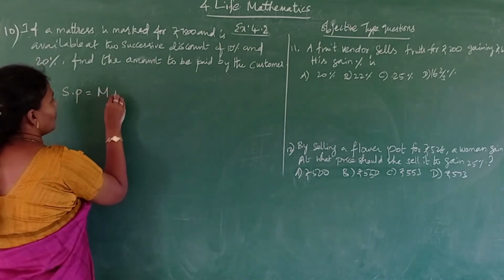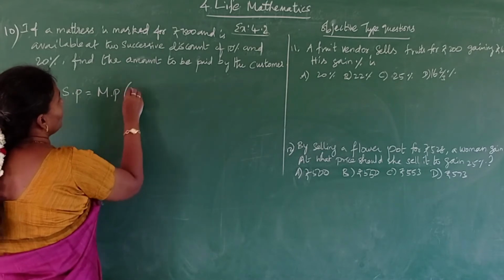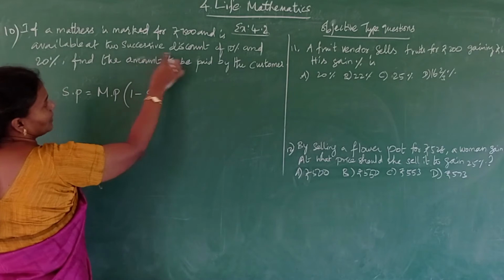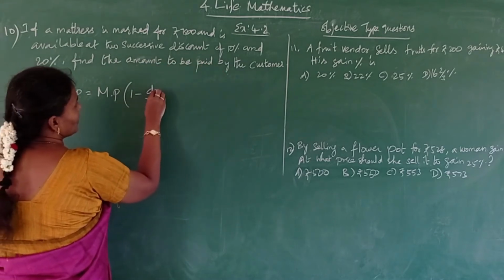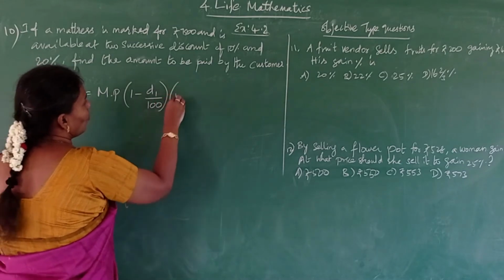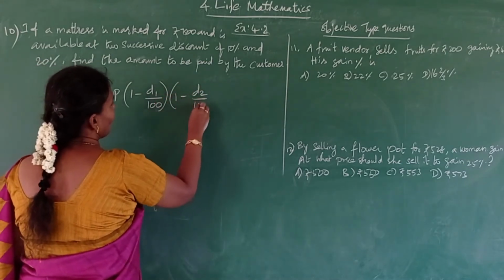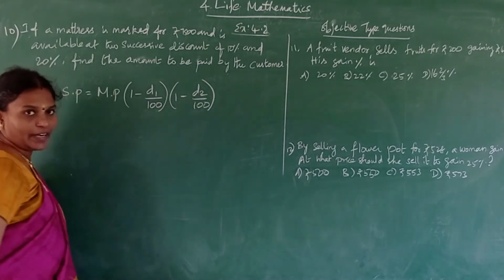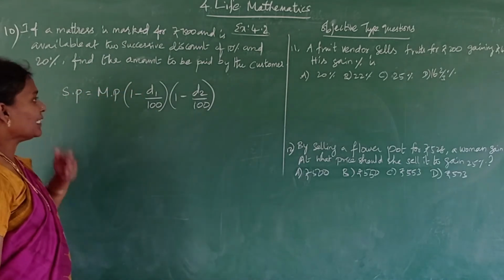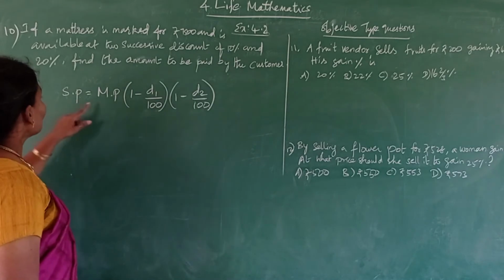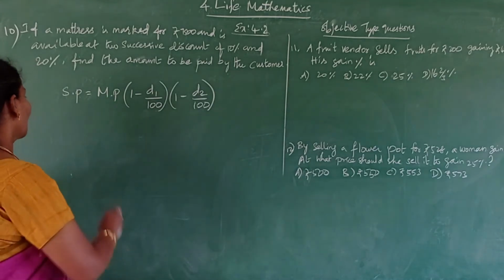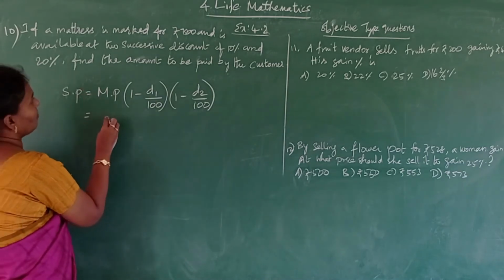SP is equal to MP of (1 minus D1 by 100) of (1 minus D2 by 100), where D1 is the first discount percentage. This is the formula for finding the amount paid by the customer. So what is given here? MP and two successive discounts. Now see, what is MP?